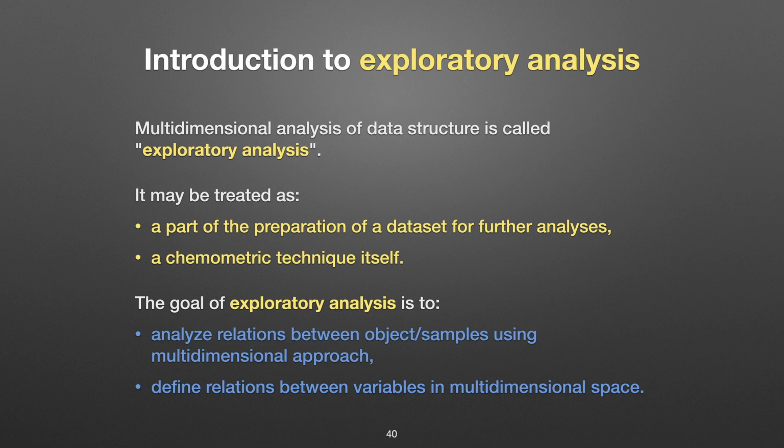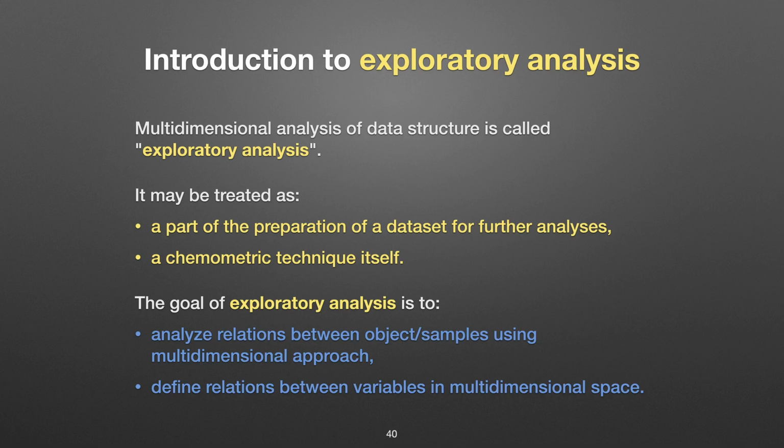And now we open the next chapter, exploratory analysis. According to the slide, multidimensional analysis of data structure is called exploratory analysis. It can be treated either as a part of dataset preparation for further analyses or as a chemometric technique in its own right.